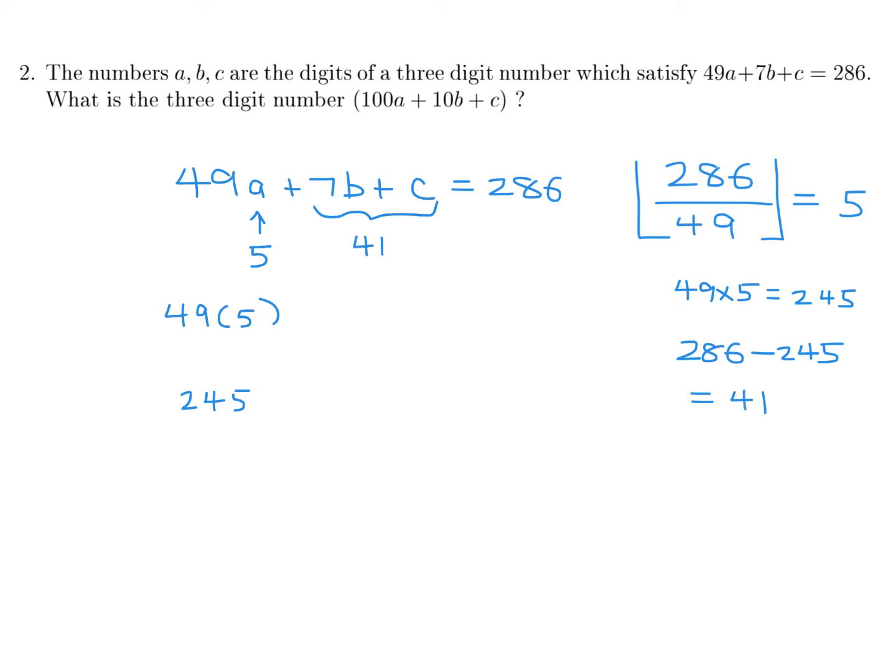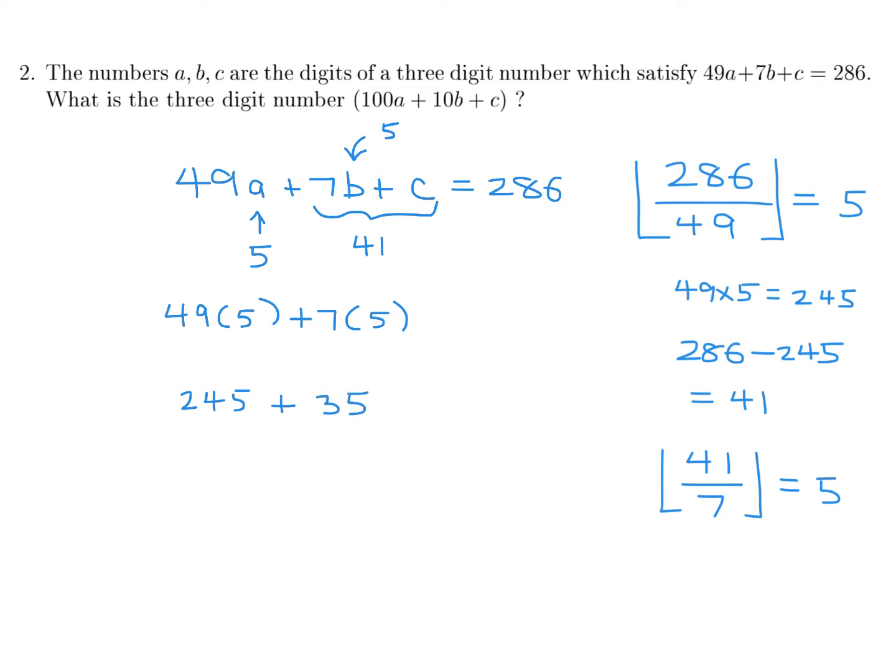Okay, let's see what we can get. 41, I've got to multiply 7 times b. So let's divide 41 by 7. Let's see what we get as an integer. Again, you can do that in your head pretty quickly. It's a 5. So I conclude that this b is probably a 5. So that means this would be 7 times 5. And that 7 times 5 is 35.